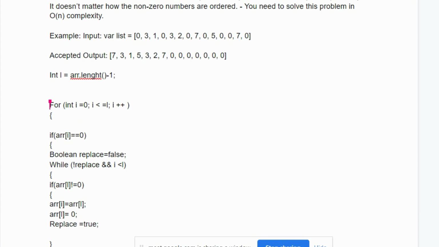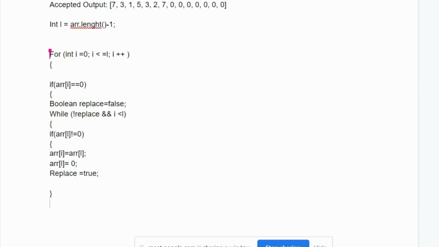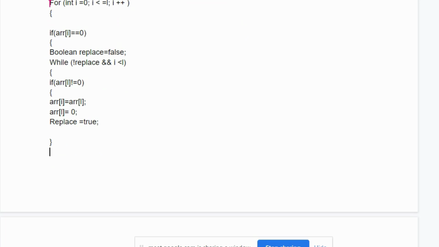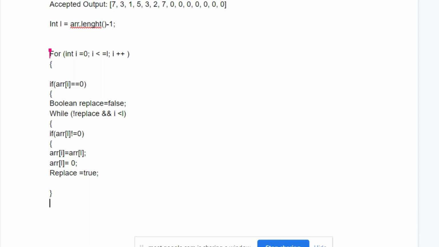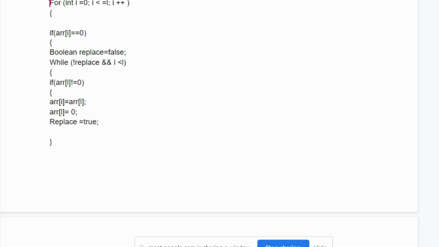I believe this will solve the purpose. What I am trying to do is start comparison from the front. If we find a zero value in the front, and we also have a backward pointer, L, traversing from the back, then we replace those values.